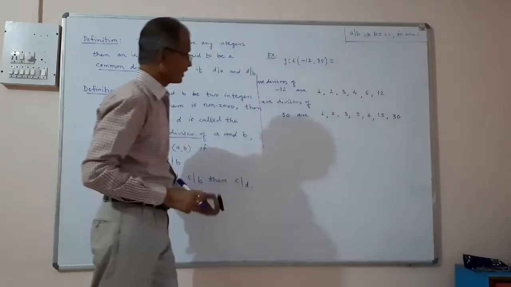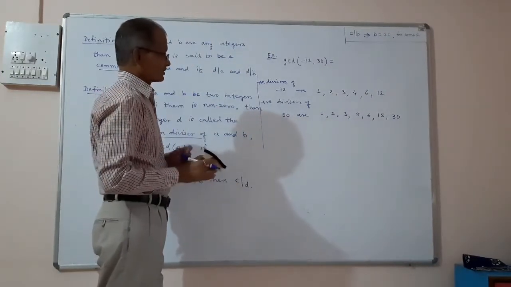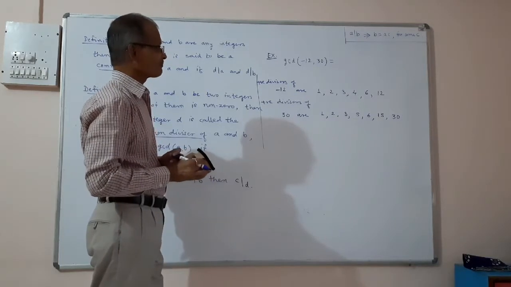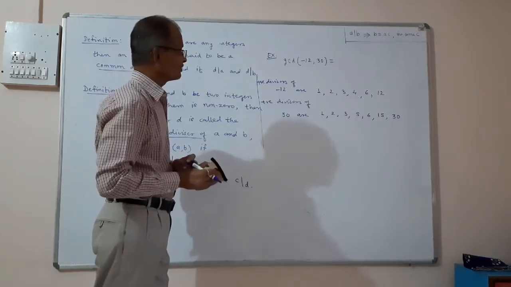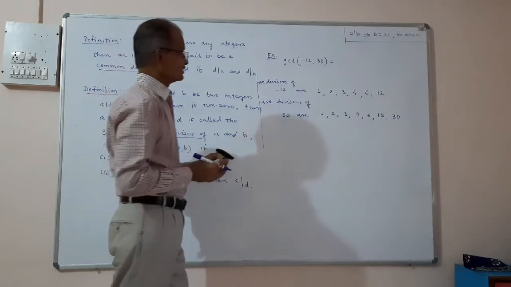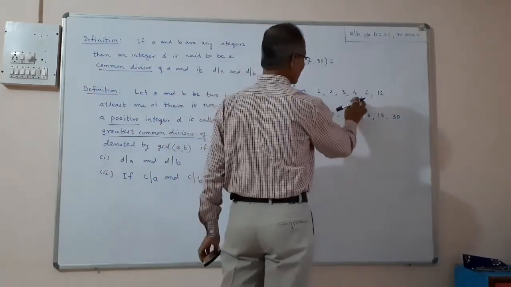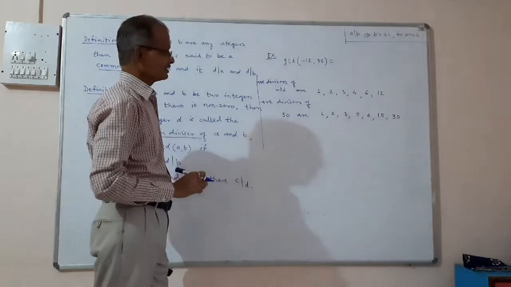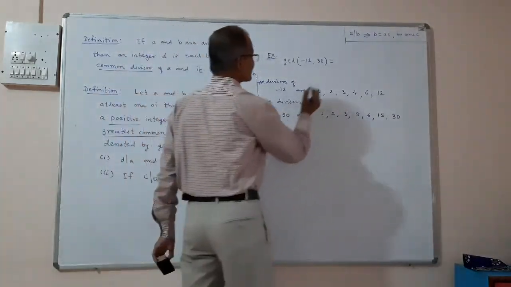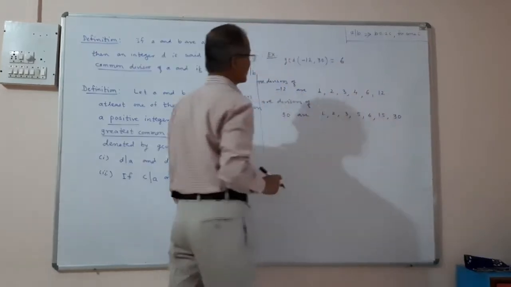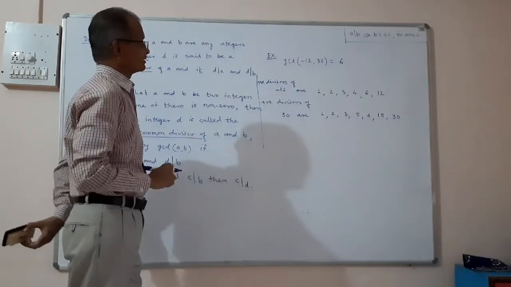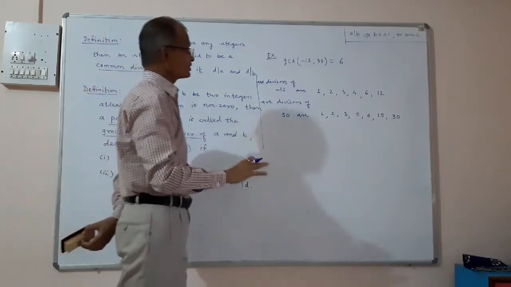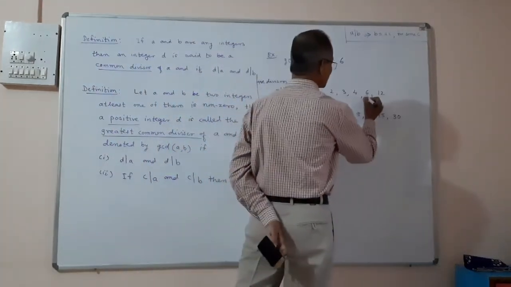So these are the divisors. And what are the common divisors? You can see the common divisors are 1, 2, 3 and 6. And therefore the greatest common divisor is 6. Therefore GCD of minus 12 and 30 is 6. In this way we have considered the positive divisors, and the greatest among these is 6.